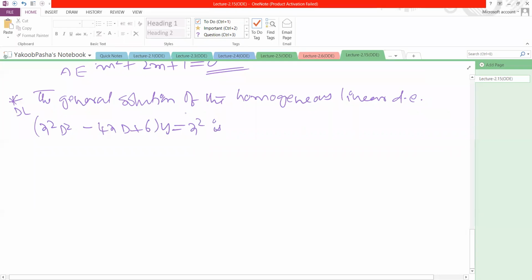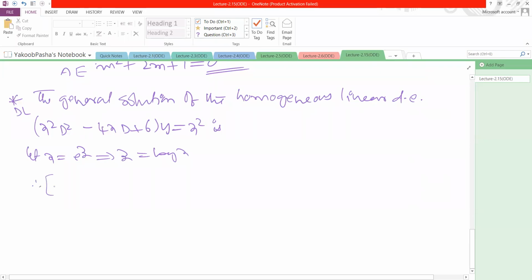Okay. Now, first of all, it is a Cauchy-Euler equation. So let us take x is equal to e power z. You have to remember z equal to log x. And we can write x into D equal to theta and x square D square equal to theta into (theta minus 1).